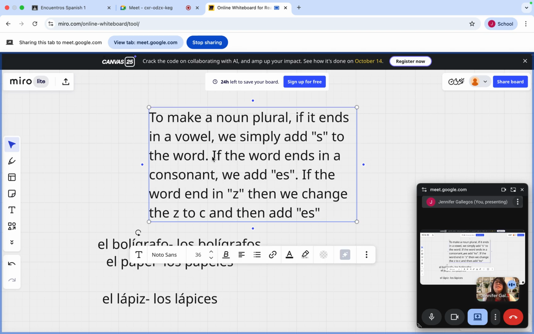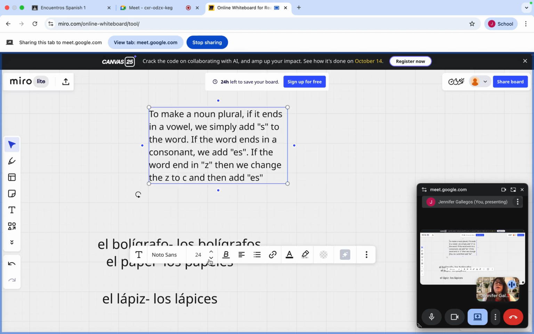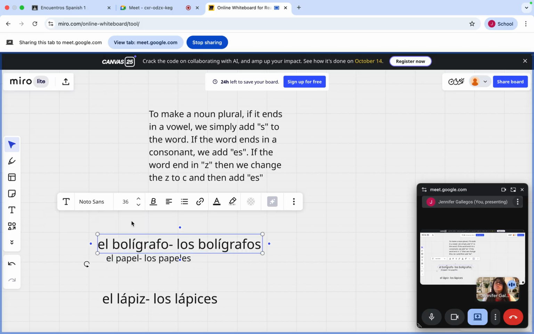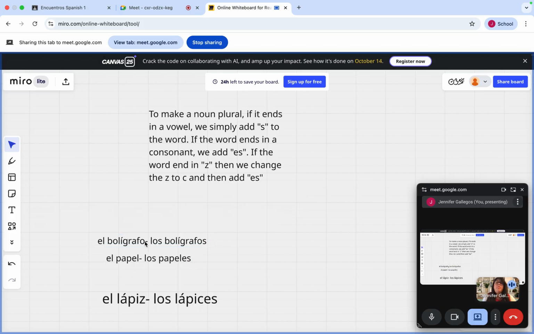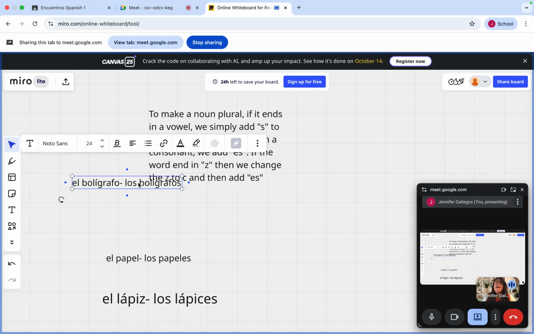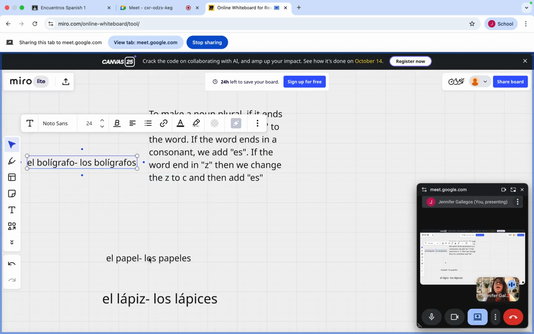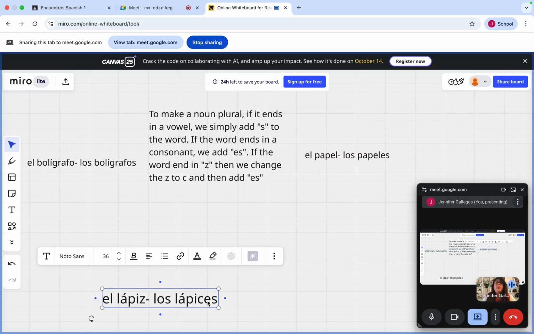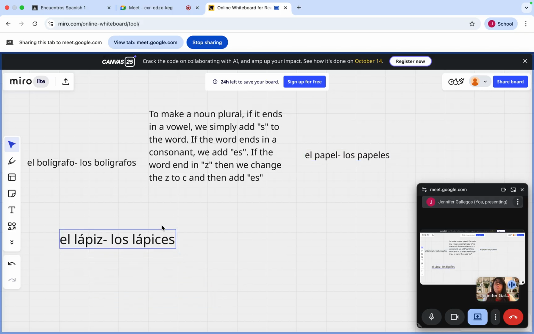So the last thing that we're going to look at is the articles. We talked about the article, for example, the, and how the has 4 forms: el, la, los, and las. Okay? So what if we don't want to say the book and we want to say a book?